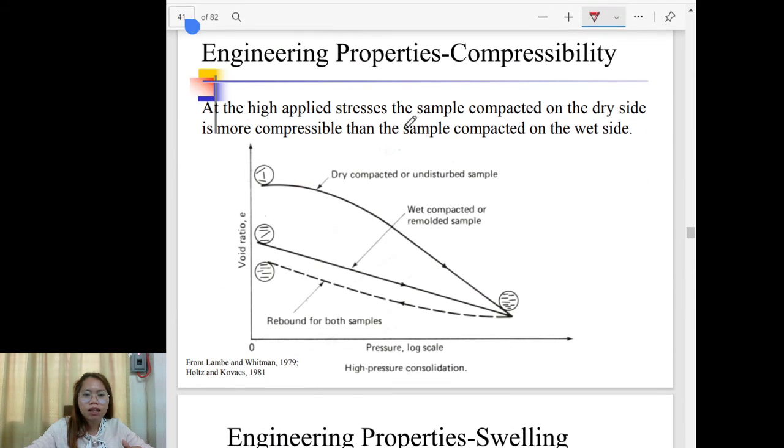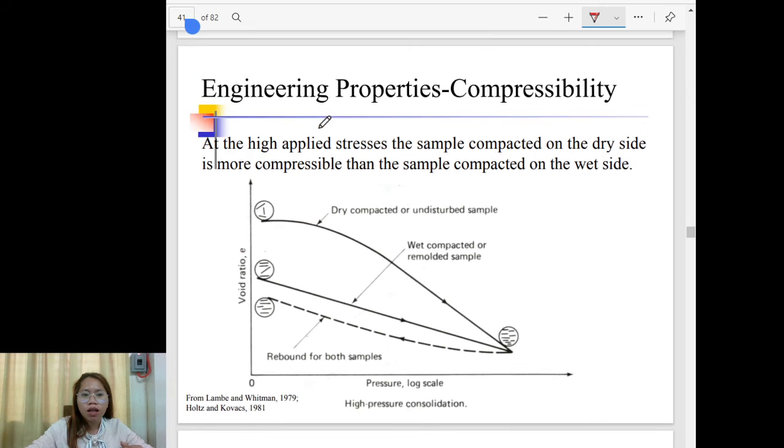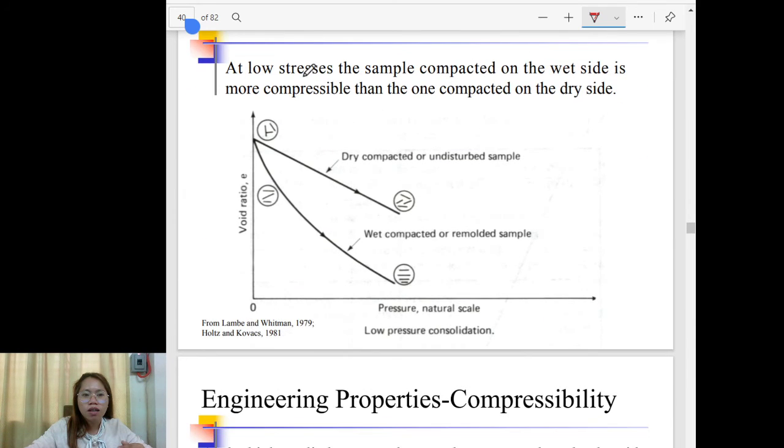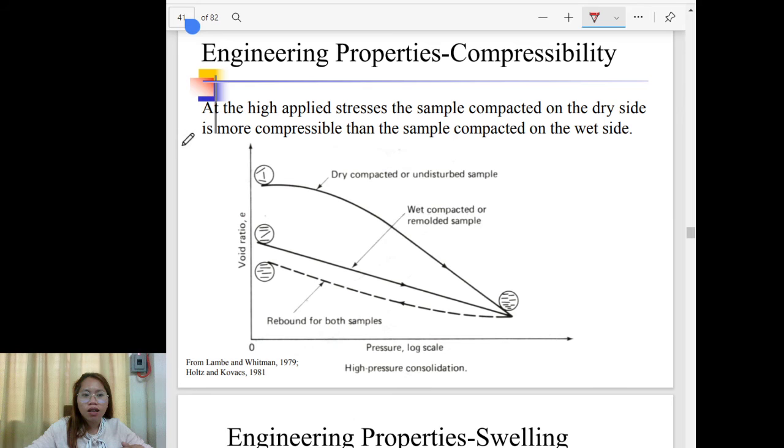And at high applied stresses, the sample compacted on the dry side is more compressible than the sample compacted on the wet side. It has reversed.